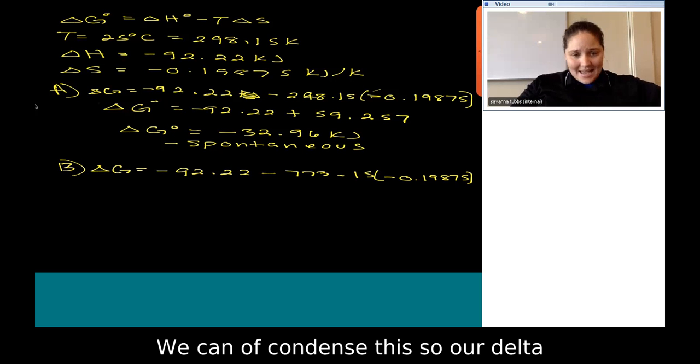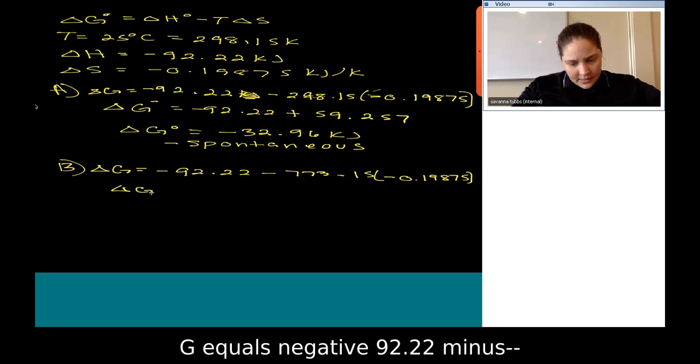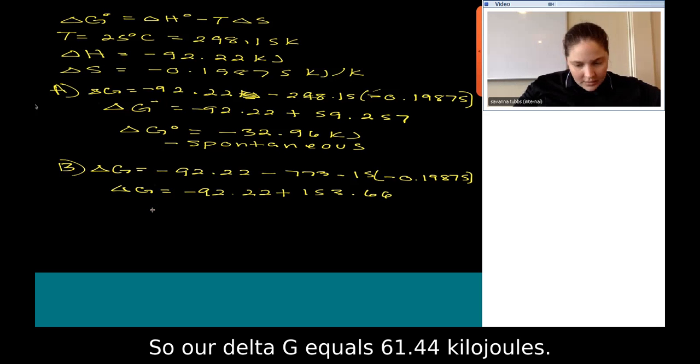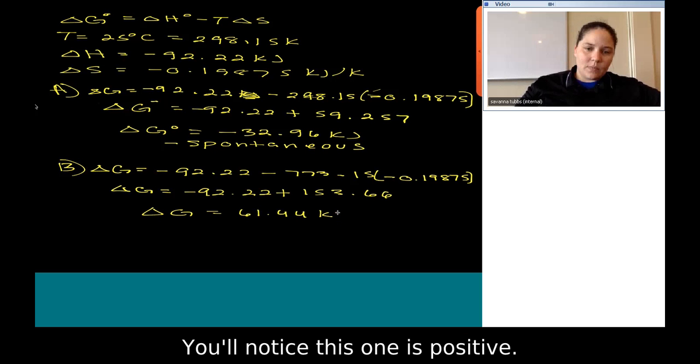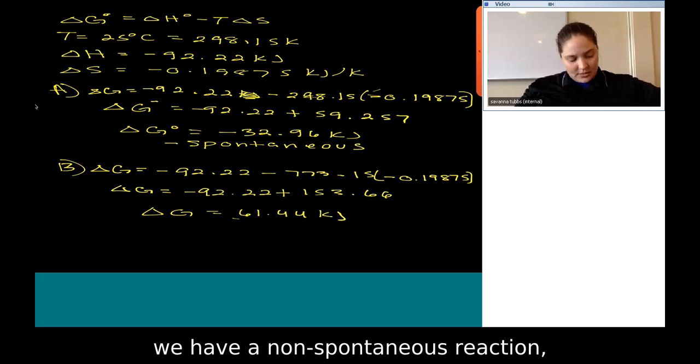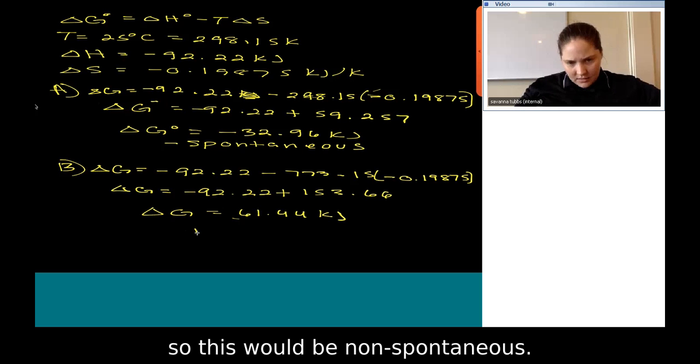We can condense this, so our delta G equals negative 92.22 plus 153.66. So our delta G equals 61.44 kilojoules. We notice this one is positive. When our delta G is greater than 0, we have a non-spontaneous reaction. So this would be non-spontaneous.